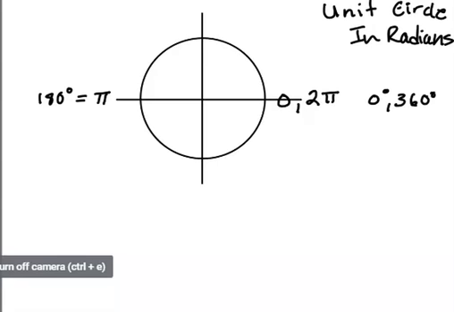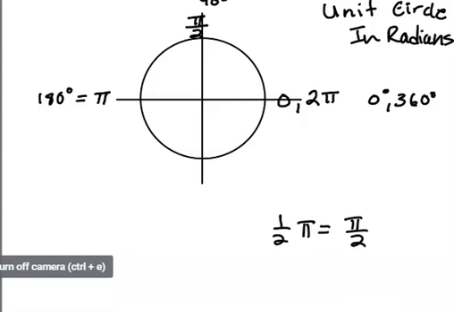And then if we think halfway between 0 and 1, so degrees wise, we know this is 90, but halfway between 0 and 1 is 1/2 pi, which is the same as pi over 2. So 1/2 pi is the same as pi over 2.